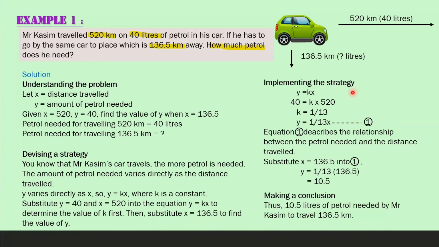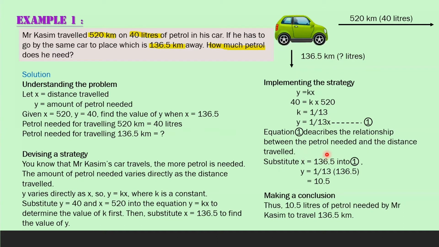Implementing the strategy. y equal to kx, 40 equal to k times 520. k equal to 1 over 13, y equal to 1 over 13 x. Equation 1 describes the relationship between the petrol needed and the distance traveled.